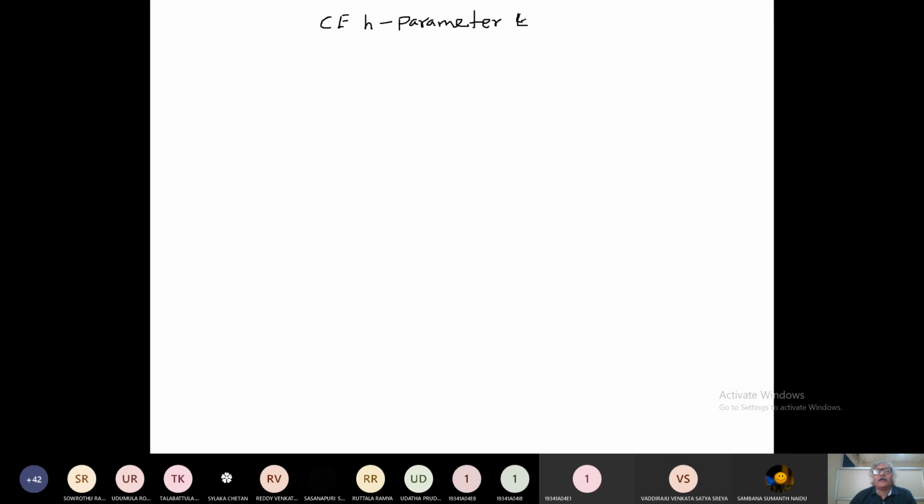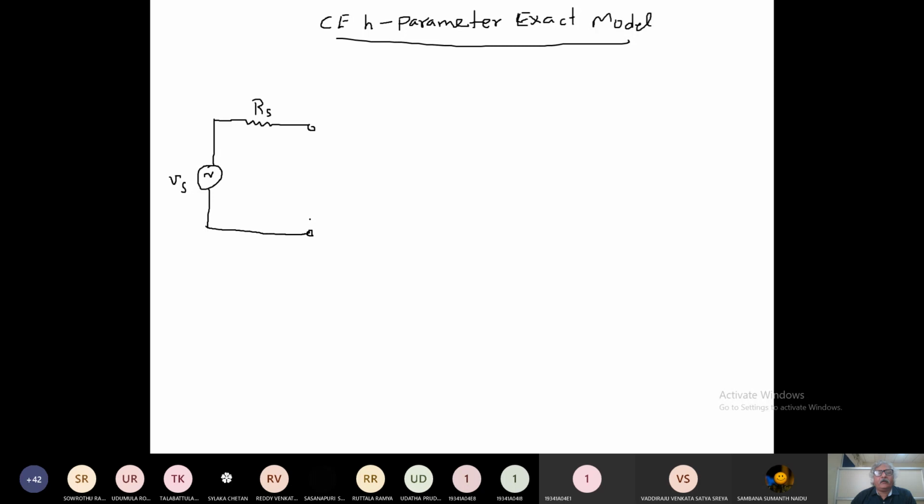First I will draw this exact model, which we have drawn earlier. Here we have the voltage source with RS.